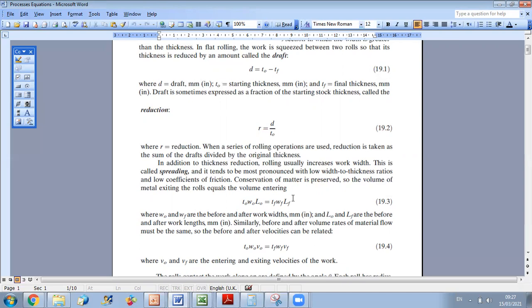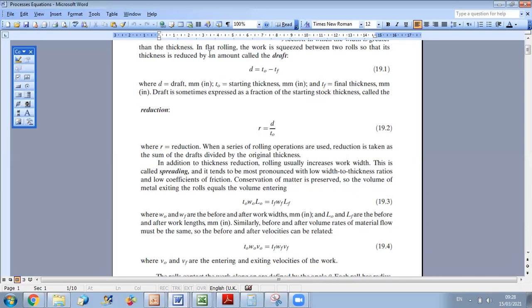In this way, if we differentiate this relation with respect to time, then the derivative dL by dt represents the velocity of the metal when passing. Before passing through the rolls, the velocity was v0. The velocity after passing through the rolls is vf.